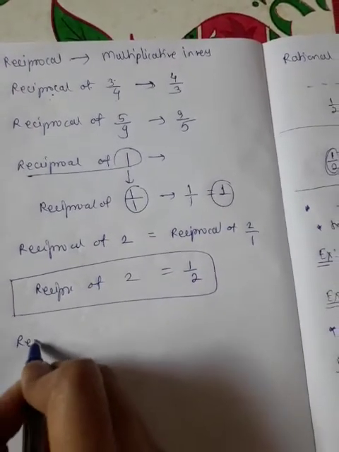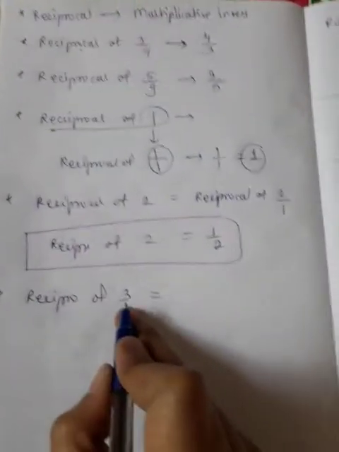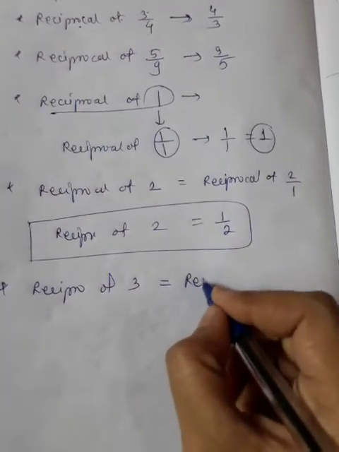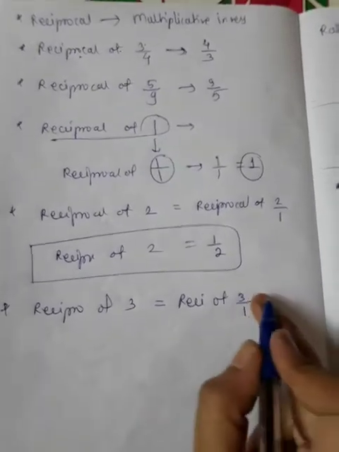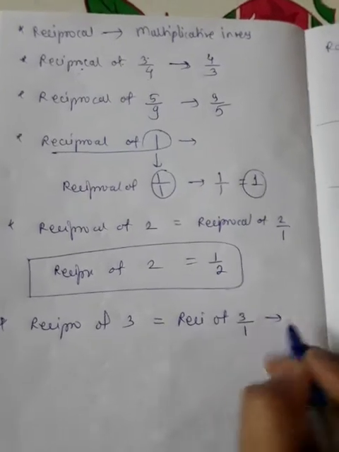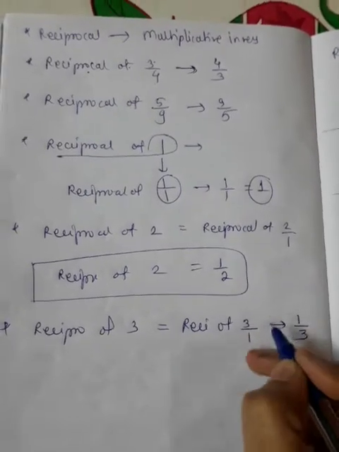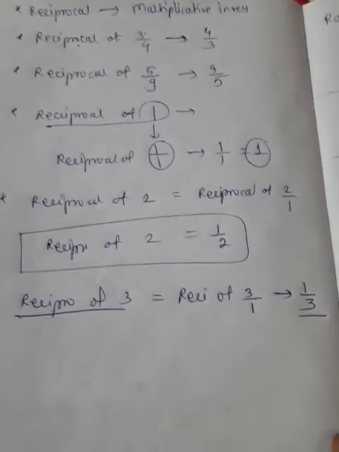What is the reciprocal of 3? First write 3 in fraction form. The reciprocal of 3 is nothing but the reciprocal of 3 by 1, because 3 can be written as 3 by 1. Just interchange numerator and denominator, that is 1 by 3. So the reciprocal of 3 is 1 by 3. Like this you can find reciprocals.